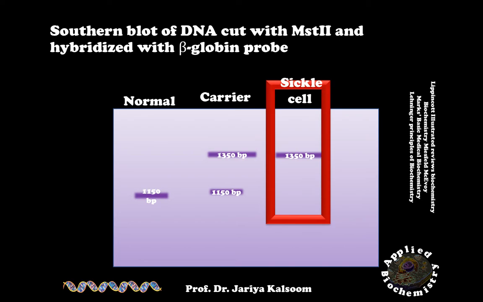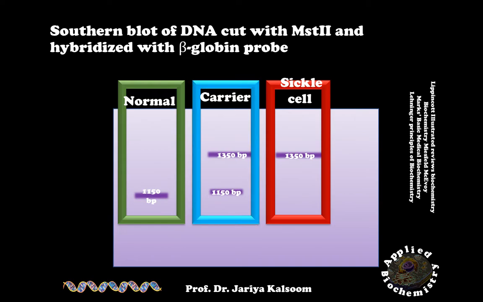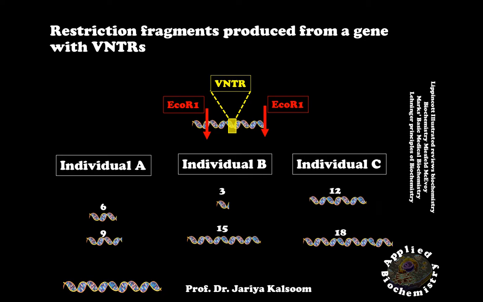In a normal person, both alleles produce 1150 base restriction fragments. For a carrier, both 1350 and 1150 restriction fragments are observed. RFLP analysis can be used to determine identity of individuals, though it has been supplanted by better techniques like nucleic acid testing.